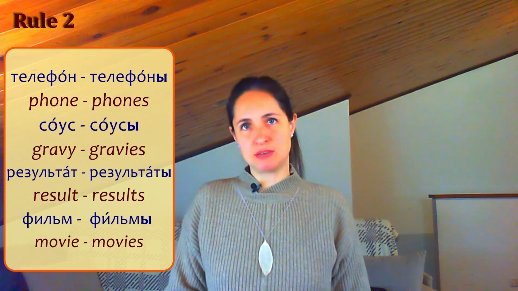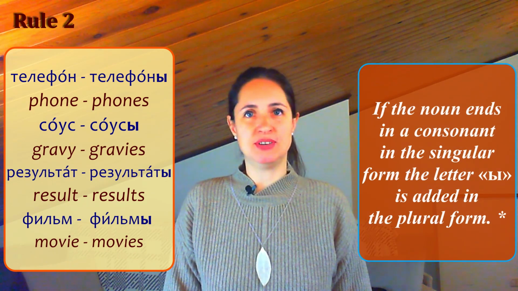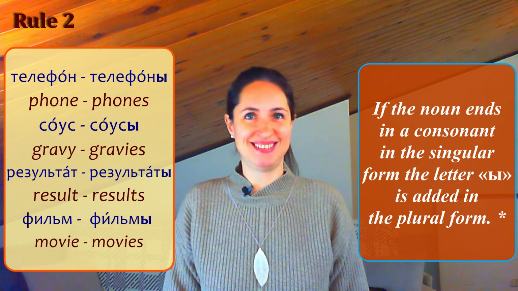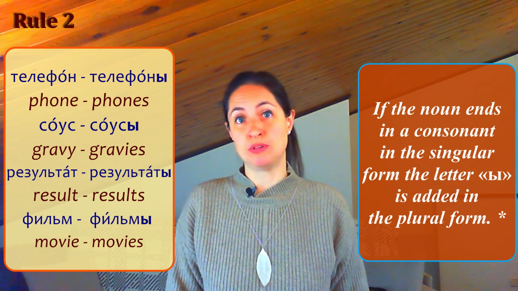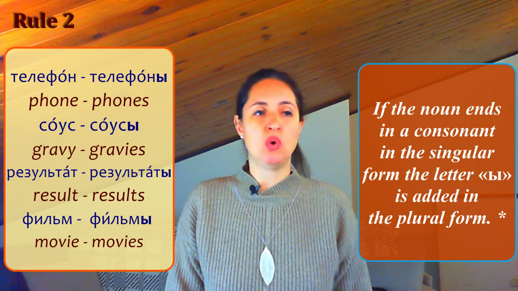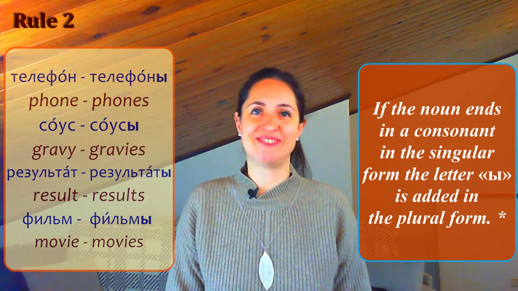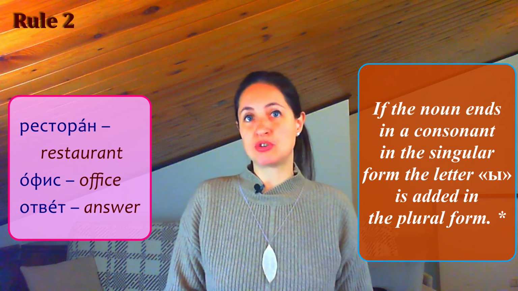So our second rule of the Russian plural is this. If the noun ends in a consonant in the singular form, the letter Y is added in the plural form. We also find an asterisk here. In a minute's time, we'll see what it means. What's the Russian for restaurants?